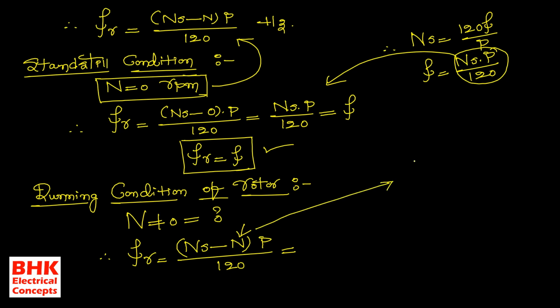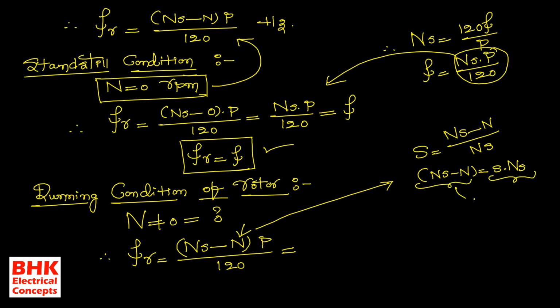For this term you have the concept of slip. Slip is equal to (Ns minus N) divided by Ns. So we can directly write Ns minus N is equal to s into Ns. It means instead of Ns minus N, I can directly write s into Ns.